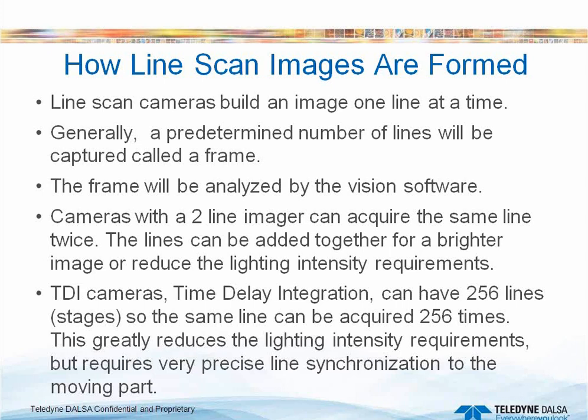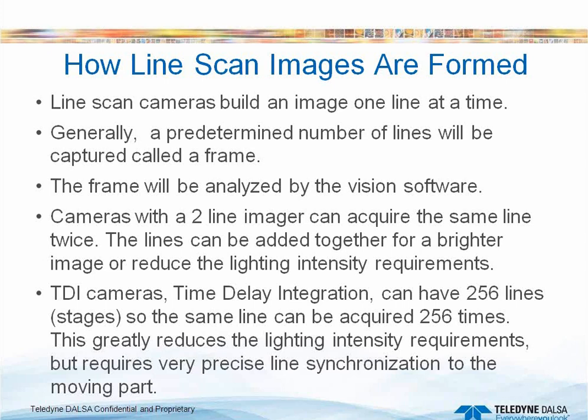There are algorithms that work on the edges of the two frames, so there's no interruption. If you have a defect that happens to be partially in one frame and continues in the other, the vision algorithms work on these kinds of breaks between frames.